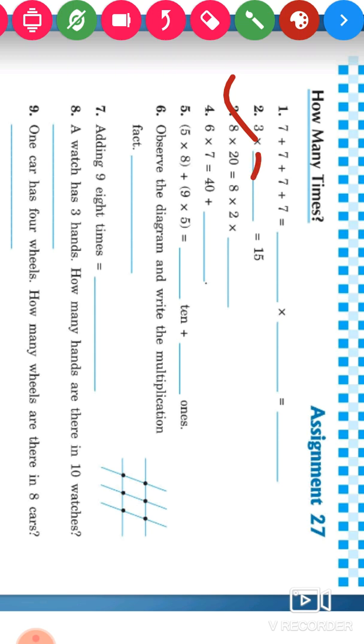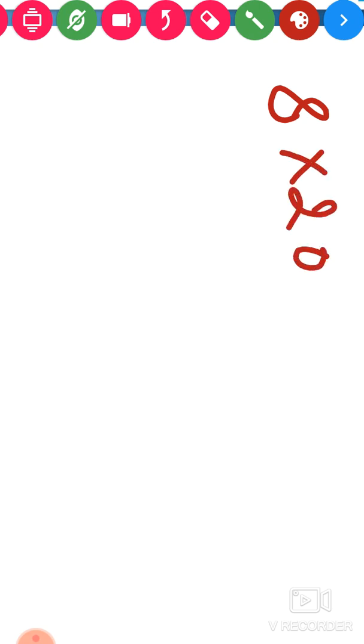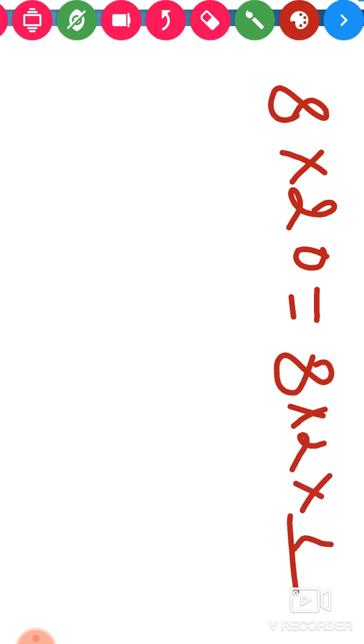Now as you can see, 20 is a multiple of 10. Okay, let us do. So our question is 8 into 20 is equal to 8 into 2 into what?